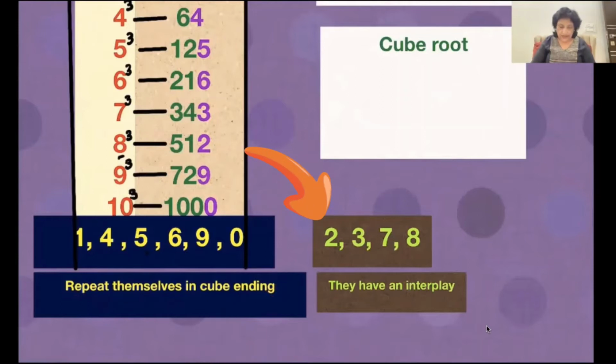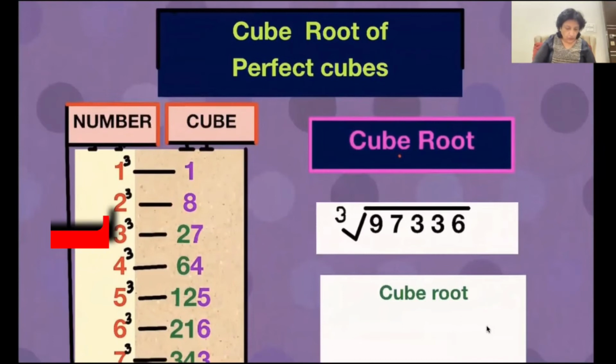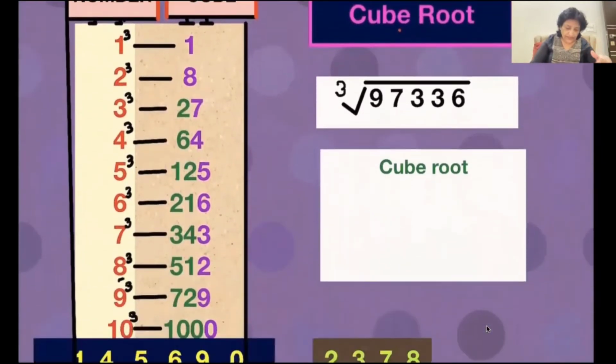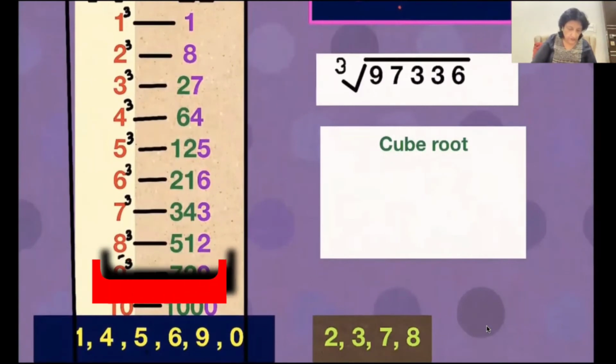But it's not the same with 2, 3, 7 and 8. They are actually having an interplay. Like 2 cube has 8 at its units place and vice versa, that is, 8 cube has 2 at its units place.